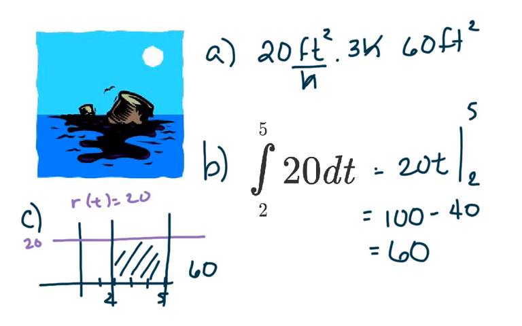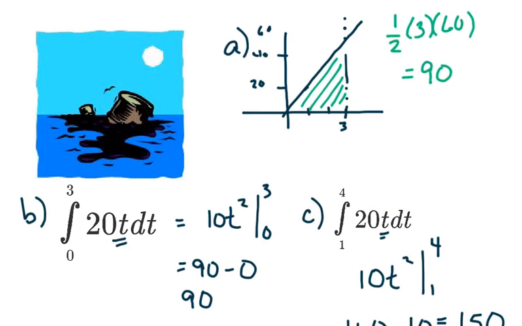When we integrated the rate of spill, we got how much the spill changed by. What does that mean? That means an integral allows us to find how data accumulates.